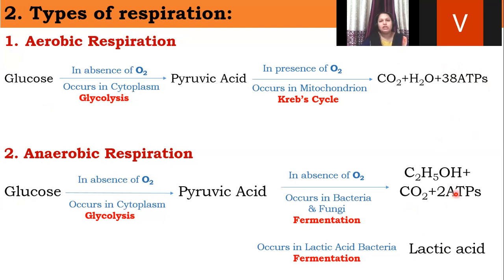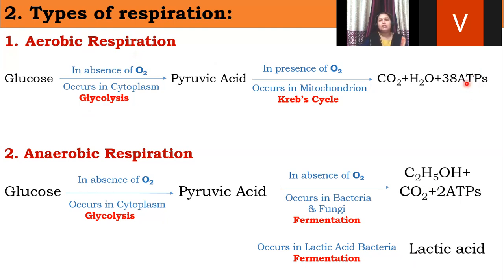In which process is a lot of energy generated? It is aerobic respiration. Clear? It is aerobic respiration, and the ATP which is formed is further utilized to get the energy for the different processes occurring inside the cell.